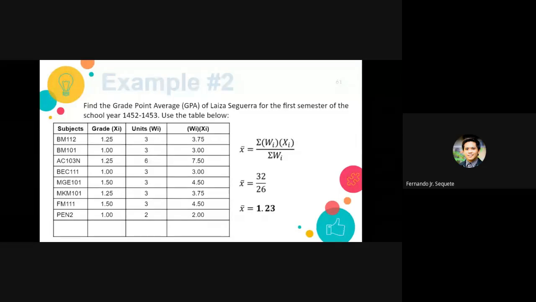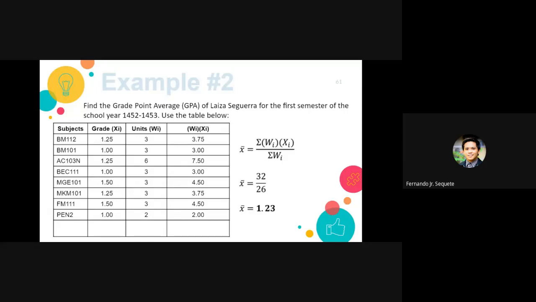Look at example number 2. It is in tabular form and arranged by subjects, grade, units, and so on. It is arranged, and after that we used the formula. This is how you compute your GPA, by the way, for a particular semester.